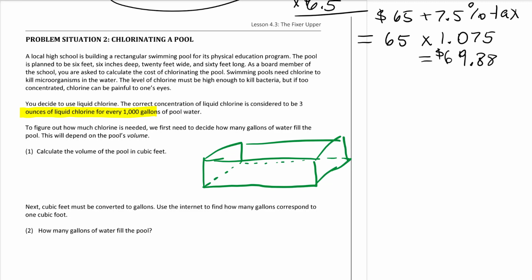So we have, look, it says it is 6 feet 6 inches deep, 20 feet wide, and 60 feet long. So the length is going to be here. Let's write the units, feet. The width is 20.